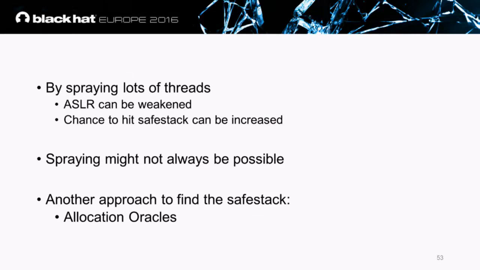So by spraying lots of threads and spawning stacks, ASLR can be weakened, and the chance to hit the safe stack will be increased. But spraying might not always be possible. For example, in Firefox, we were just lucky that by loading other pages, loading other domains, we would be able to start more threads. And in MySQL, we could play with some variables in the data section.